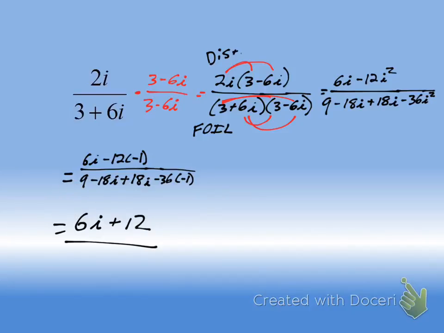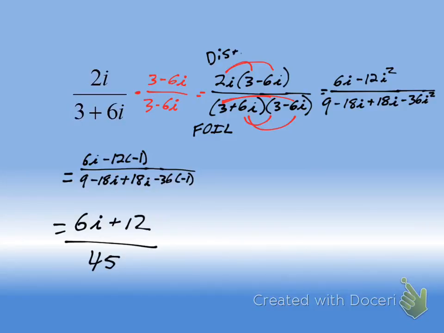So 36 plus 9 gives you? 45. What about negative 18i plus 18i? They cancel out. Look at that. The only way you're going to get rid of the i when you have a binomial here is if you multiply it by its conjugate. That's the key. That's what makes the problem work.